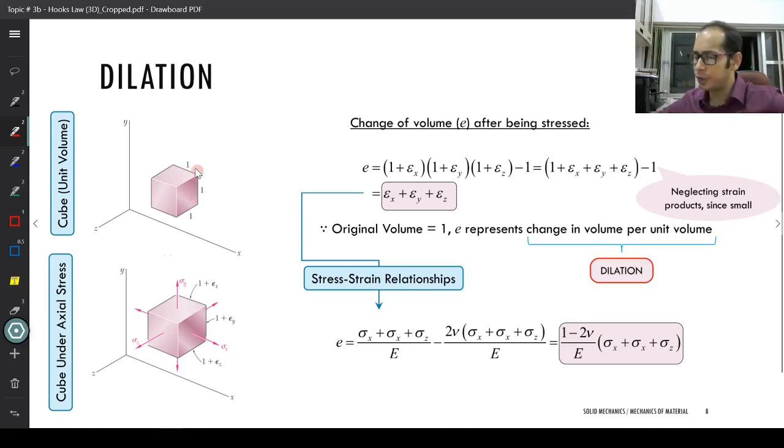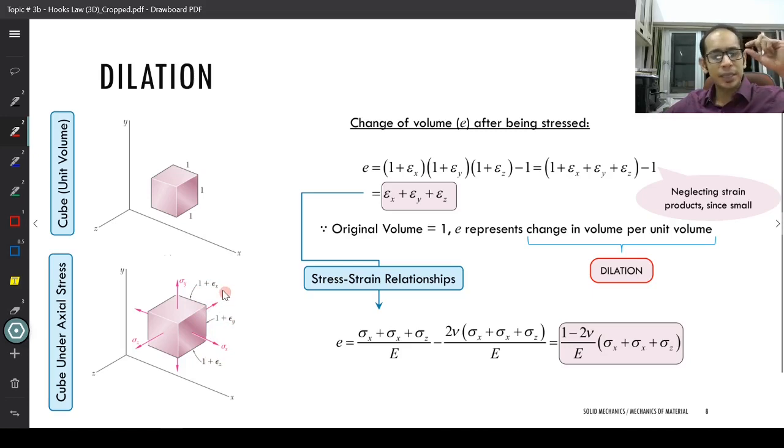So what you have over here is a unit cube of dimension 1, 1, 1 about all the three directions, and you are applying the stresses sigma x, sigma y, and sigma z. Now once you have applied them, since the original length is 1, the altered lengths are going to be 1 plus epsilon x, 1 plus epsilon y, 1 plus epsilon z. Why is it going to be like this?